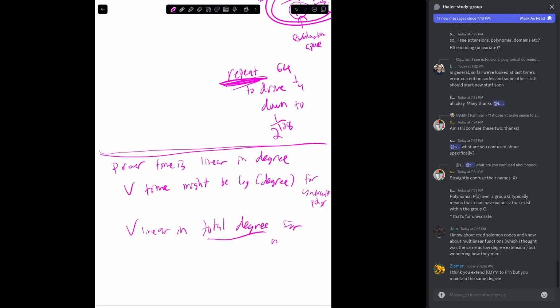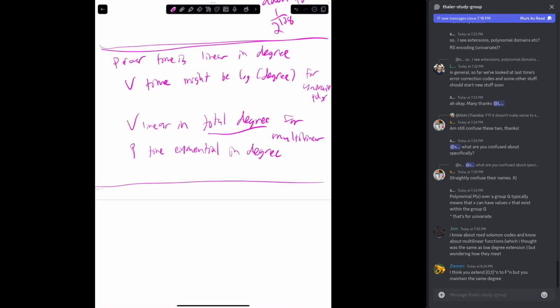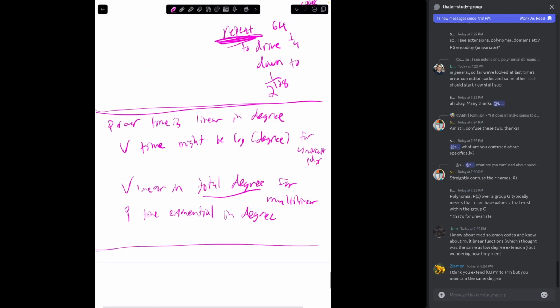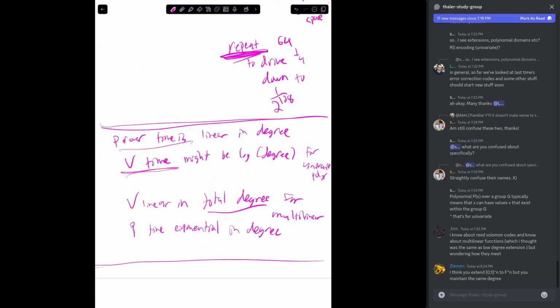For multilinear, in this case, the prover time would not be linear in the total degree, but rather exponential in the degree, roughly. Basically the degree is so small that exponential in the degree is actually linear in the size of the statement being proven. Anyway, so the point is the degree that is arising comes up not just in the security of the snark, but also in the prover and verifier costs and the proof size and stuff.